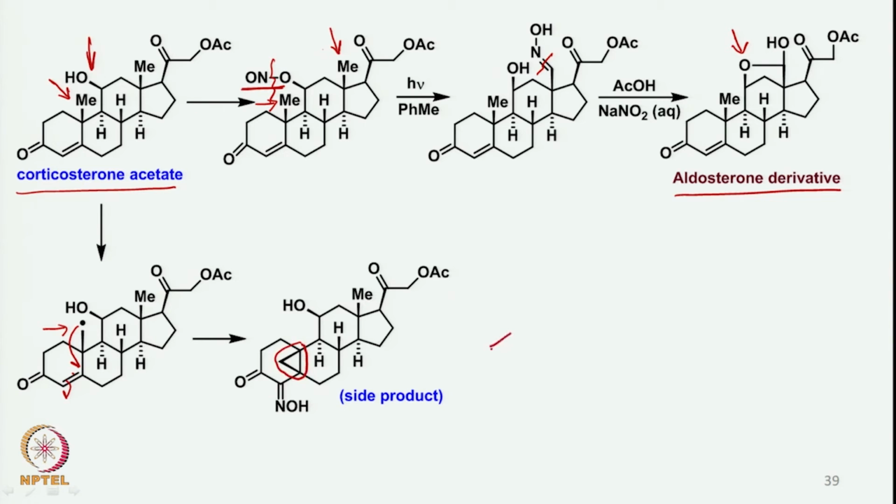So basically you have a radical that is going to form on this particular part, and then you have a 3 member ring which is like this.